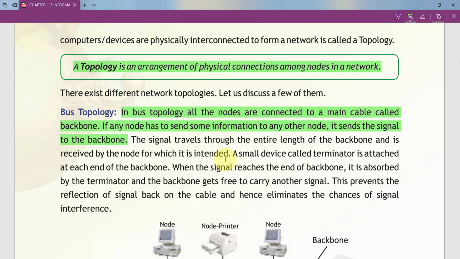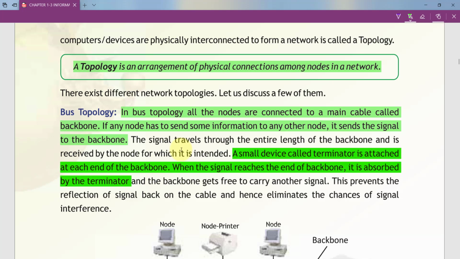Next, a small device called a terminator is attached to each end of the backbone. When the signal reaches the end of the backbone, it is absorbed by the terminator.